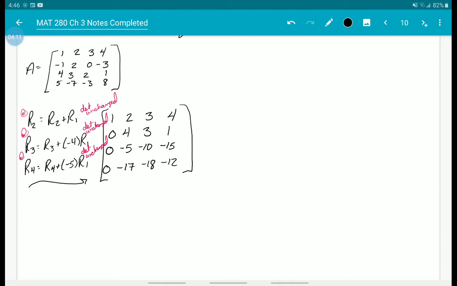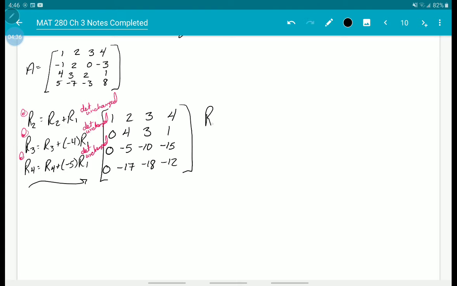We don't have to go into REF. We can choose to keep other numbers down the main diagonal, but the goal is always to get to a triangular matrix. So my next step, I'm going to try to zero out this guy, and I'm going to zero out this guy. So I am not going to turn that 4 into a 1. We could if we wanted to, but it's unnecessary.